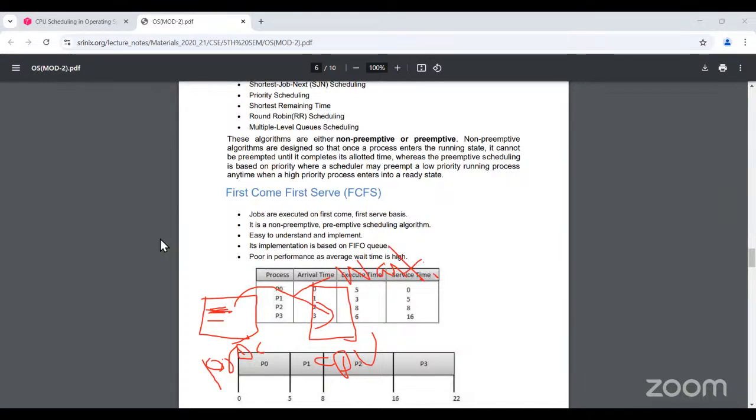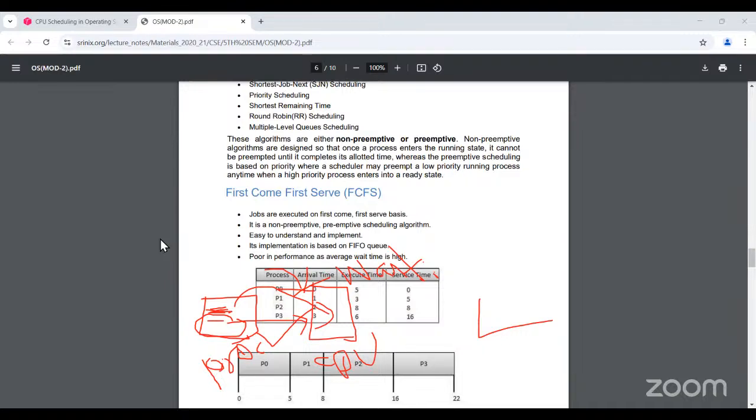Then the next one will go to the CPU time and be executed. And once this process is executed, again the old process, whatever is in the waiting state, will be resumed, meaning it will continue wherever it stopped. That is the meaning of this.